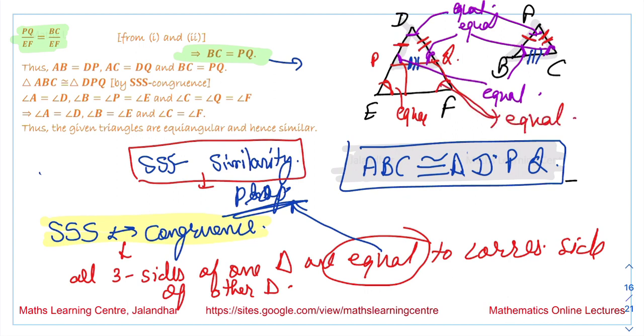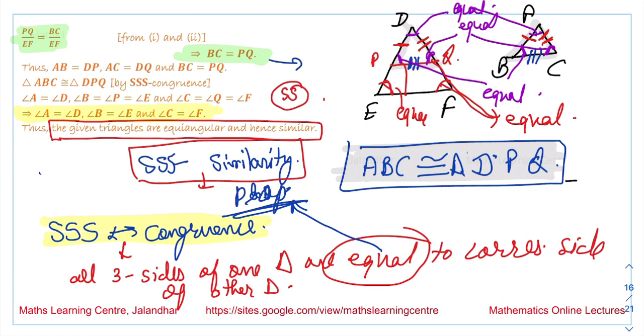So combining these results, what we get is that angle A and angle D, angle B and angle E, angle C and angle F are all equal pairwise. And we know that by the AA criteria of similarity, both these triangles are similar to each other.